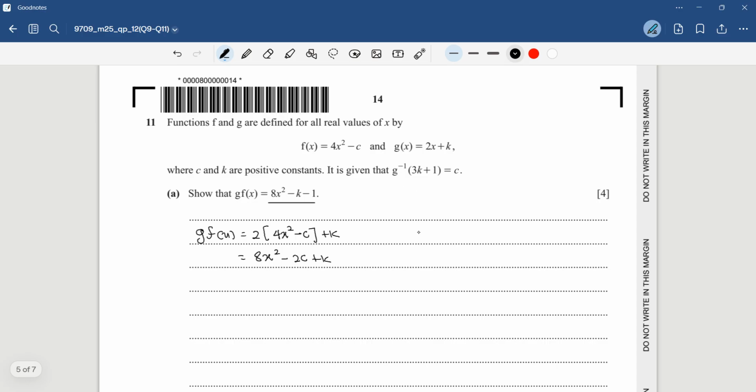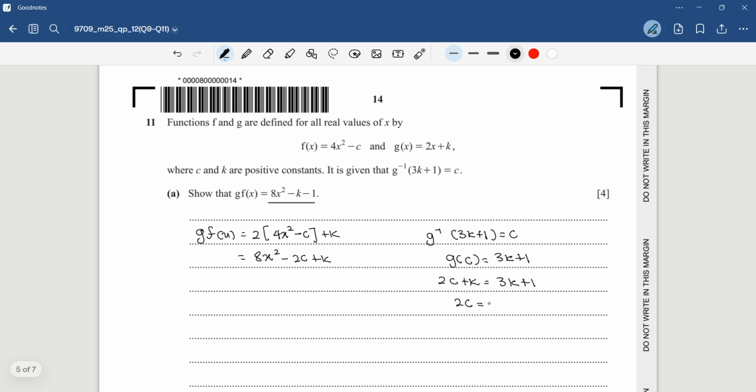It's given that g inverse of 3k plus 1 is equivalent to c, where from the question we can say g(c) is equivalent to 3k plus 1, because we bring the inverse to the other side. So g(c) is 2c plus k equivalent to 3k plus 1.